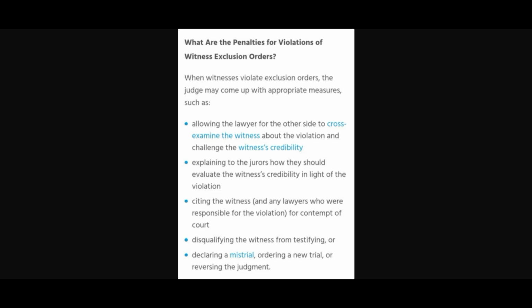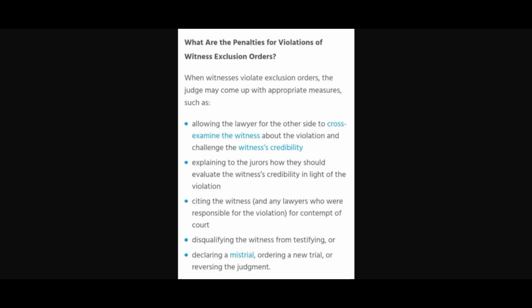When witnesses violate exclusion orders, the judge may come up with appropriate measures, such as allowing the lawyer for the other side to cross-examine the witness about the violation and challenge the witness's credibility, explaining to the jurors how they should evaluate the witness's credibility in light of the violation, citing the witness and any lawyers who were responsible for the violation for contempt of court, disqualifying the witness from testifying, or declaring a mistrial, ordering a new trial, or reversing the judgment.